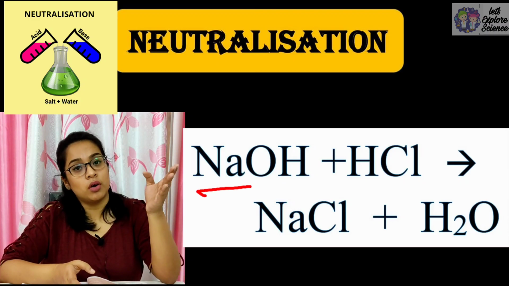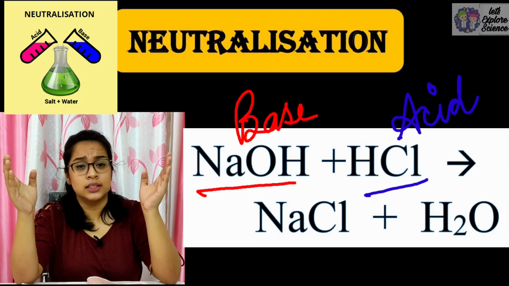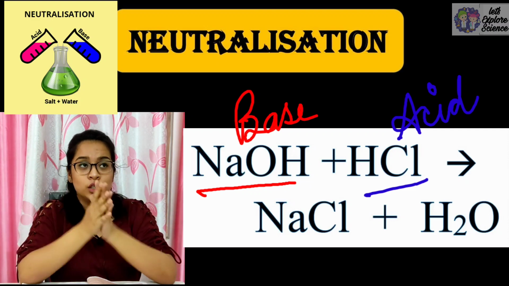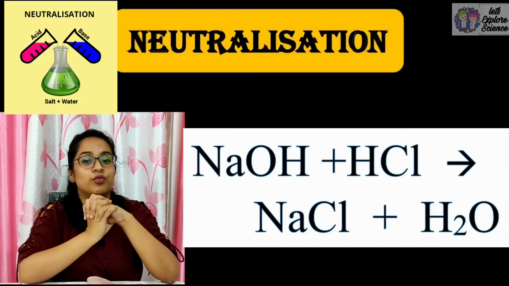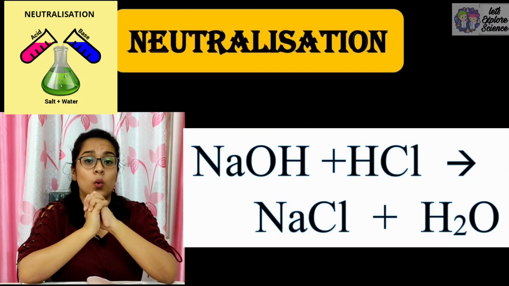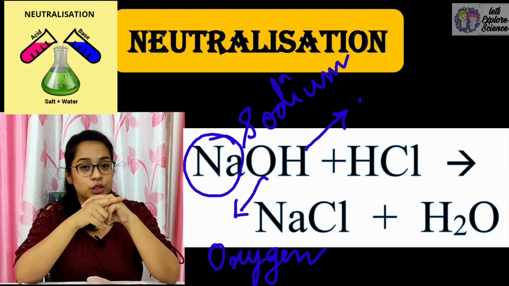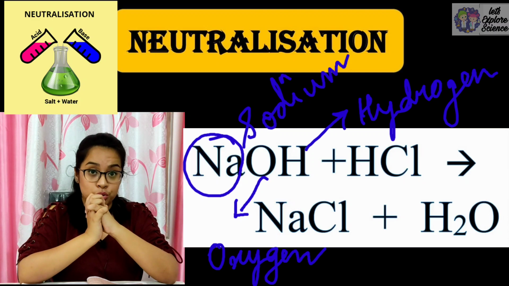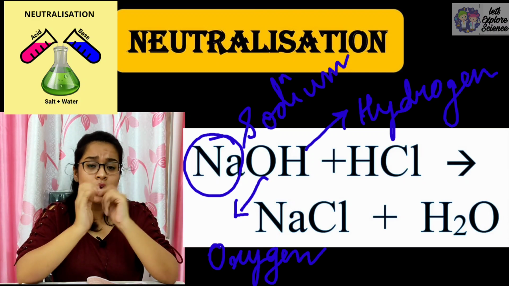See, sodium hydroxide is a base and hydrochloric acid is an acid. So the formula of sodium hydroxide is NaOH. That is, Na stands for sodium, O for oxygen and H for hydrogen. So sodium hydroxide, NaOH.